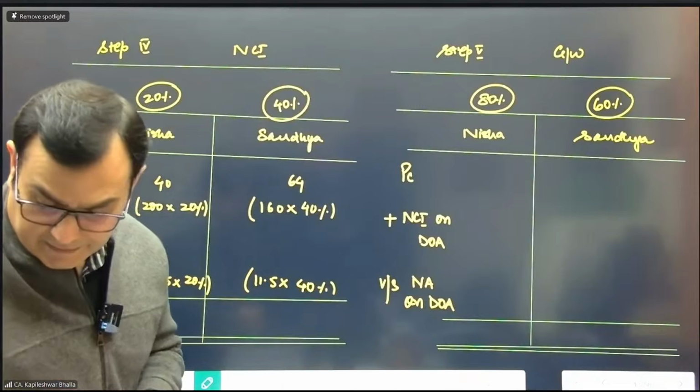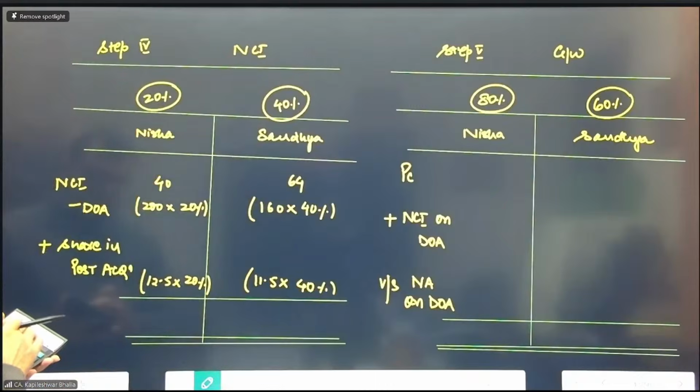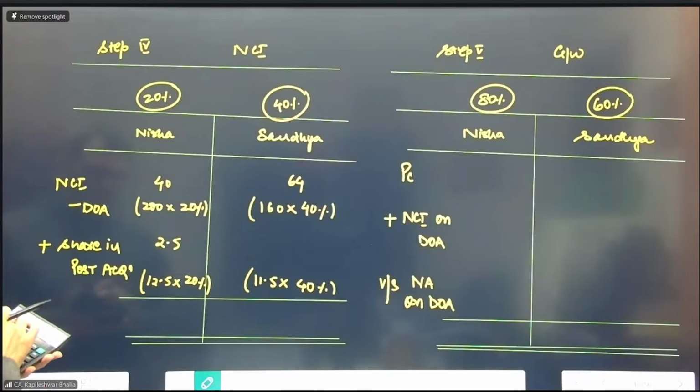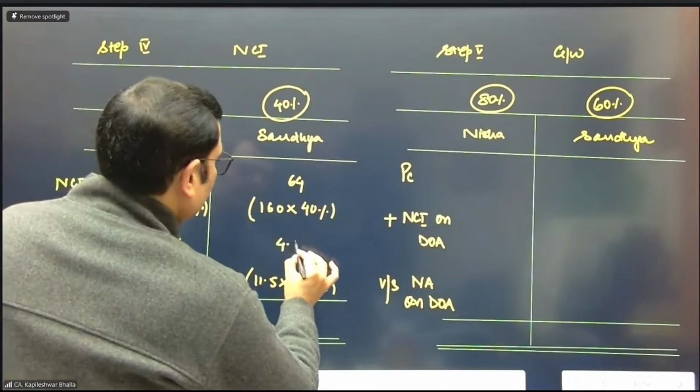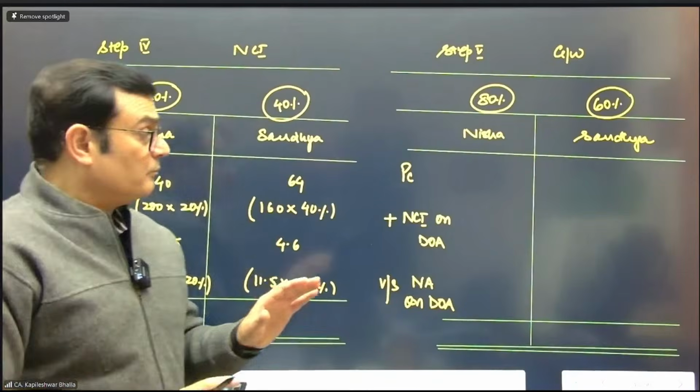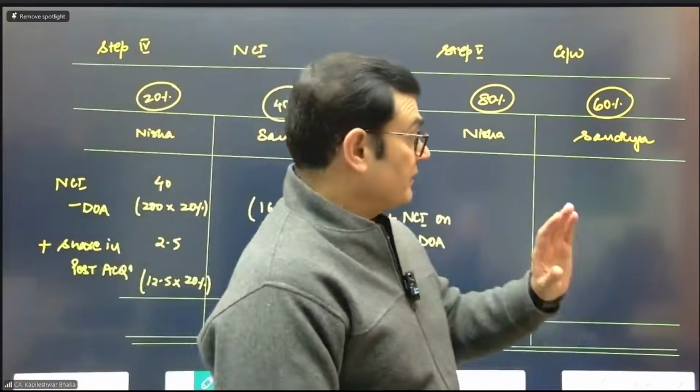So this is on the NCI. This is 12.5 into 20%, 2.5. And this is 4.6. I'm not taking the total right now. We'll come to some more calculations very soon. Let's come out here.